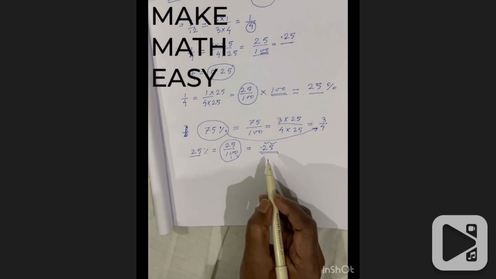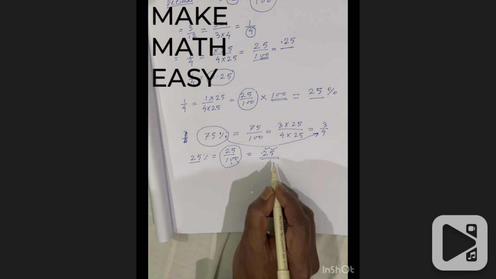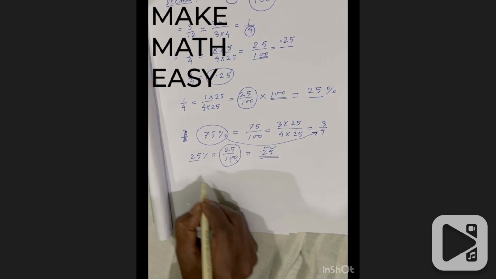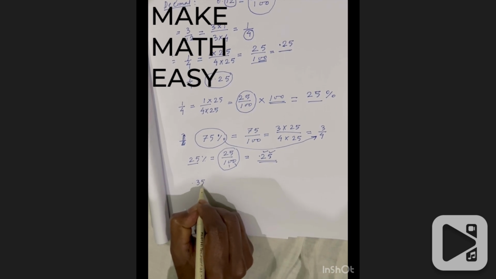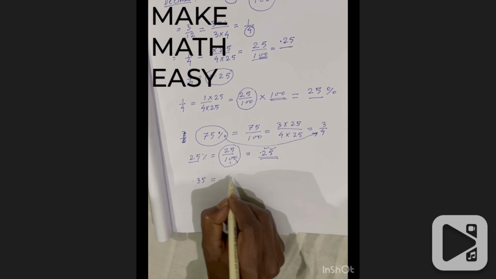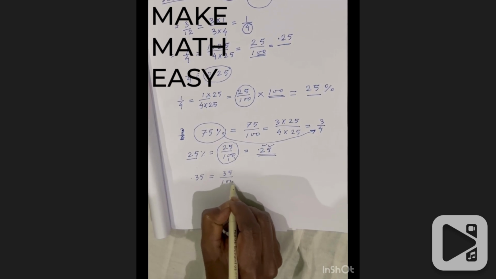Now again, how will we convert a decimal into a fraction? Suppose you have the decimal 0.35. This 0.35 means 35 divided by 100. Why 100?